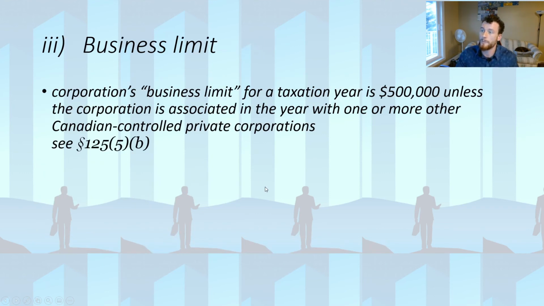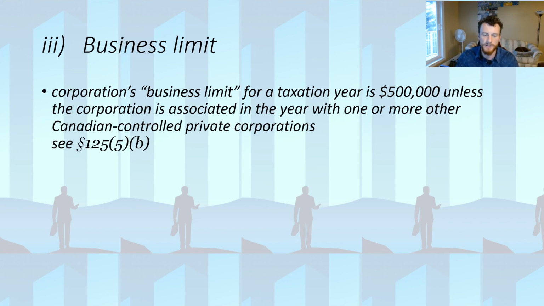Let's move on. The business limit. The business limit, as defined by Section 125 Part 2, is the amount which a corporation can use to apply for the SBD. It's based on $500,000.